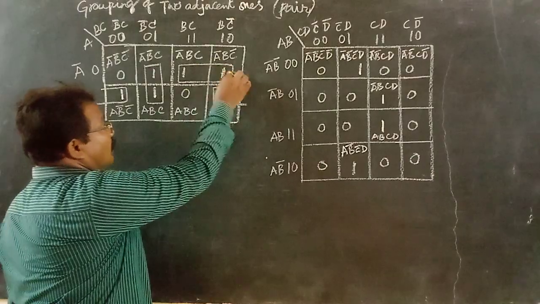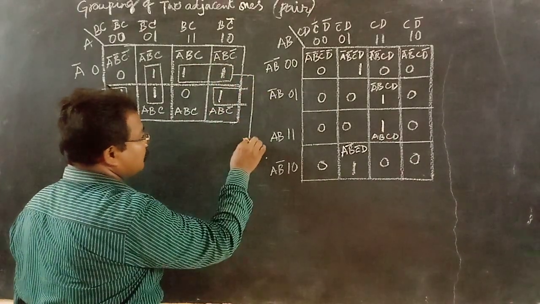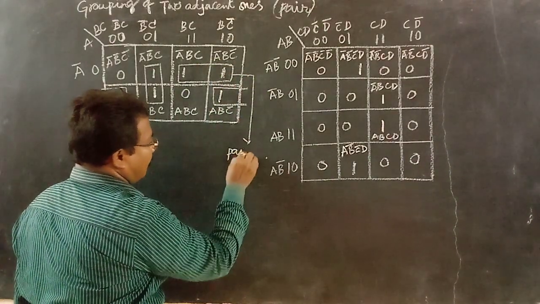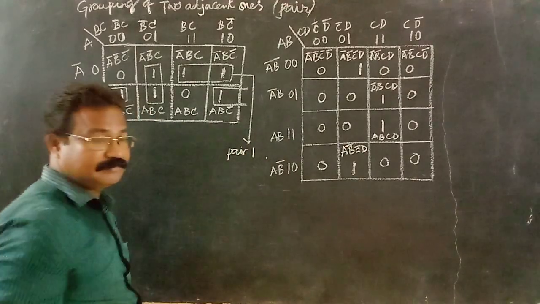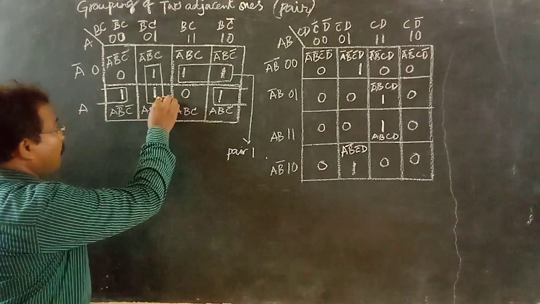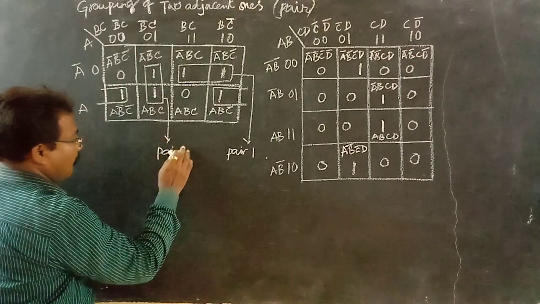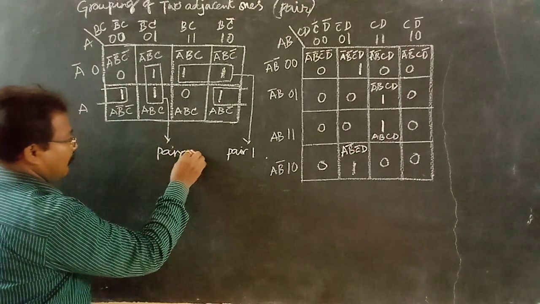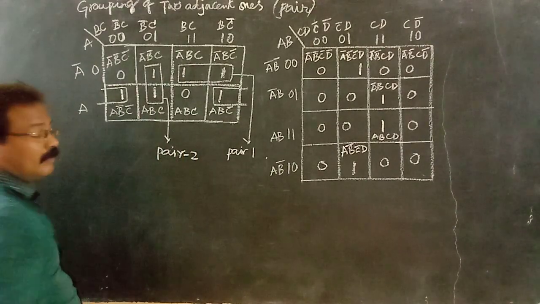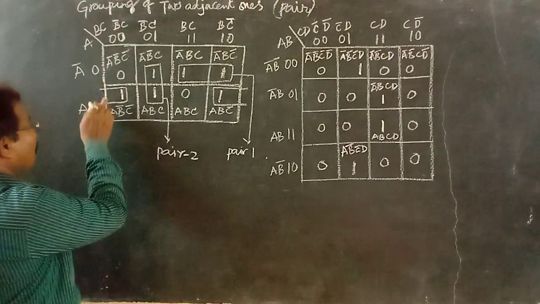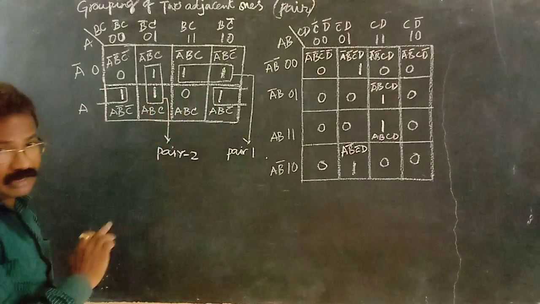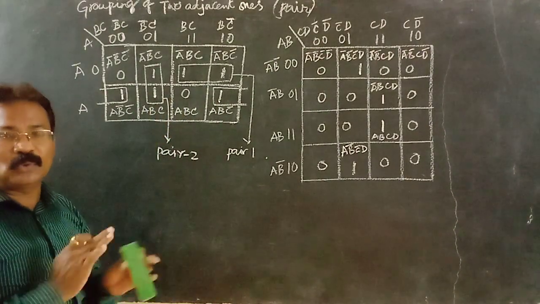So this is the pair 1, and this is the pair 2, and the leftmost cell and the rightmost cell of the corresponding row can be grouped together.